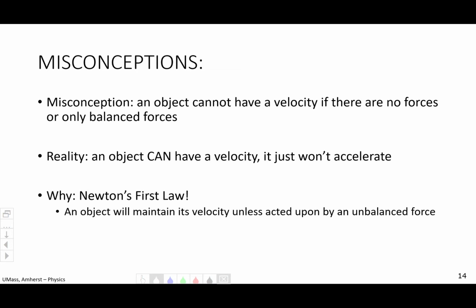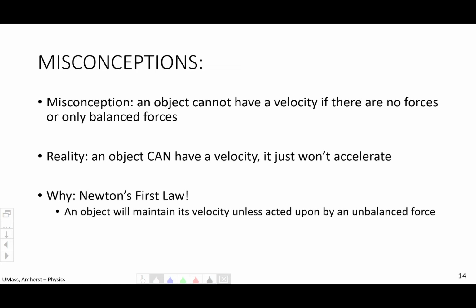So an example of this is, let's imagine that you were out in space, floating around, and you had a wrench. What would happen if you just threw the wrench away from your body? Well, we know that while you're providing it some force, it would accelerate, so it would go from no velocity to some velocity.